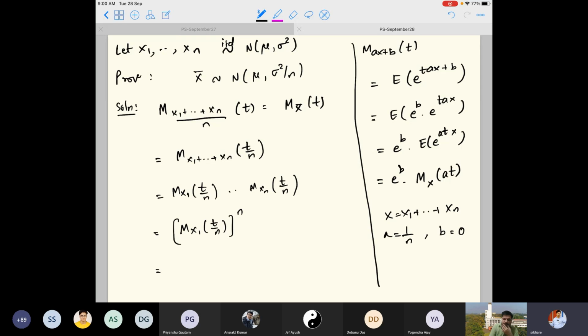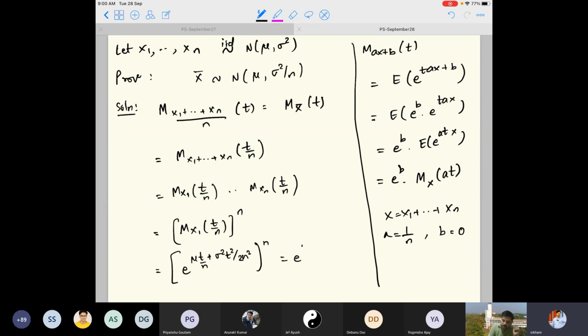And what is the moment generating function of x1? It is e to the power mu t plus sigma square t square by 2. Now you have to evaluate this at t by n. So you'll have mu t by n here and sigma square t square by 2n square, right? And this whole thing you will raise to the power n. So what do you get?